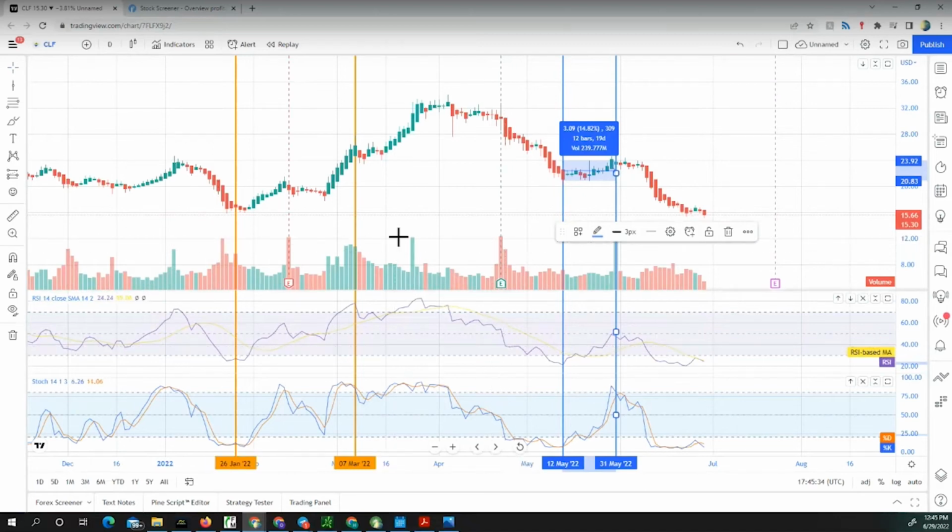Now, the reason why I say the stochastic will be the last one I'm going to discuss is because it won't pay you anything to have a lot of indicators on your chart, because it brings in confusion.